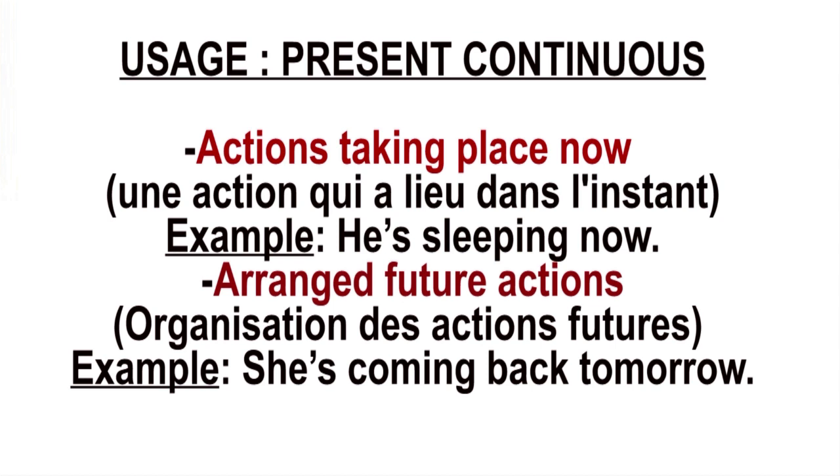We can also use the present continuous for arranged future actions. She is coming back tomorrow. So for the future, we can also use the present continuous. But here, that future is planned.